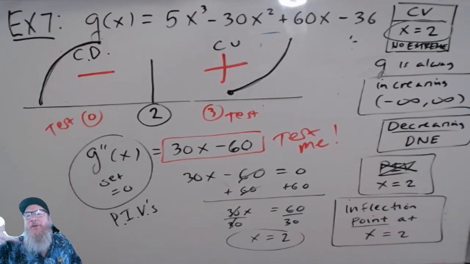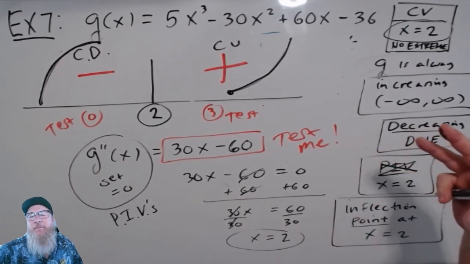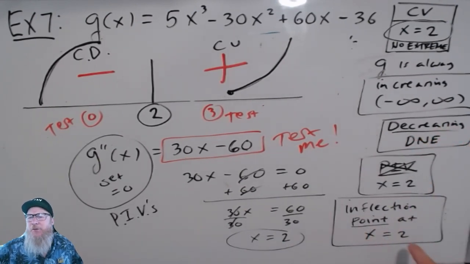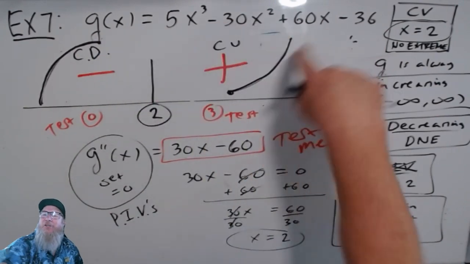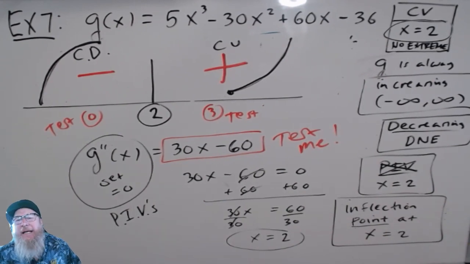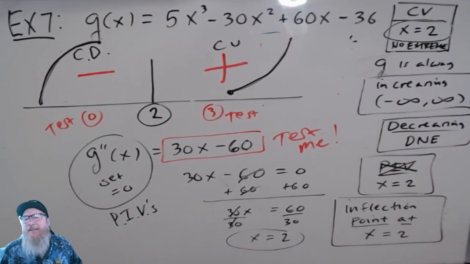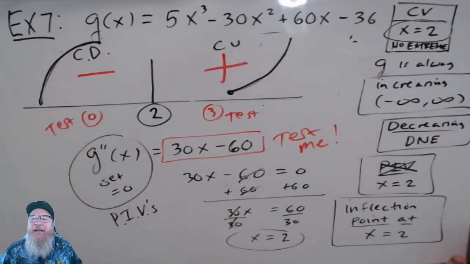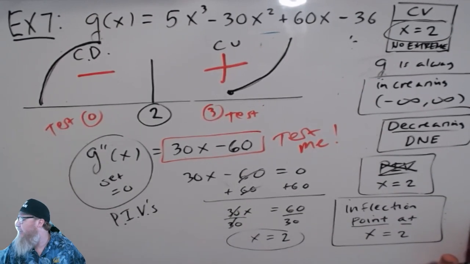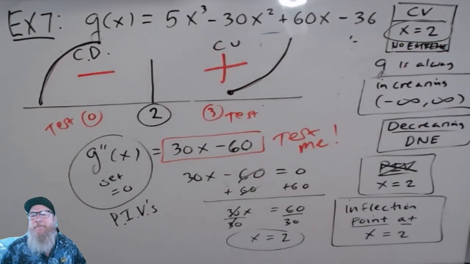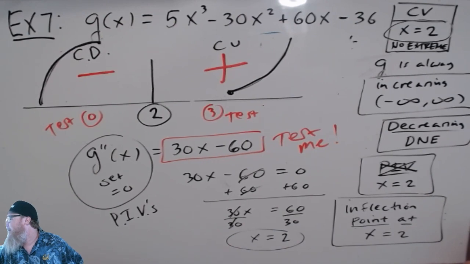If you wanted to know the coordinates, which we will in probably future lectures, I would say x equals 2, and then I would go back to the original function, plug it in to figure out the corresponding y value. But I will still call it a point as long as I use the word at. That's the key. I'm telling you where the point is at, but I'm not actually finishing the calculation because that's not the lesson that we're learning today. So that's going to be a lesson for another day. It's also a very easy calculation, but it is time consuming. So for those reasons, I will stop here.